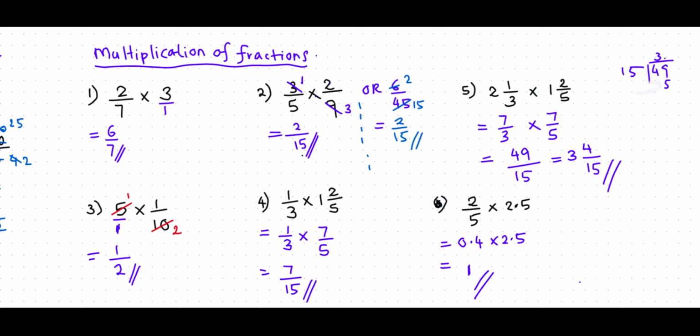Now I am going to do the same question and write the answer as a fraction. 2 over 5 times, how do we write 2.5 as a fraction? After the decimal point, there is only one digit, or there is only one decimal place.